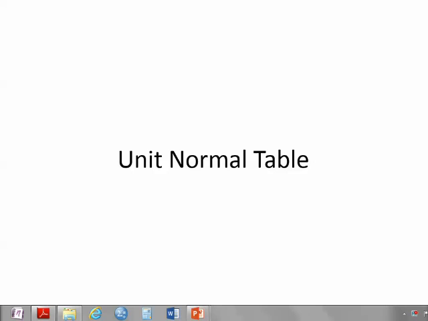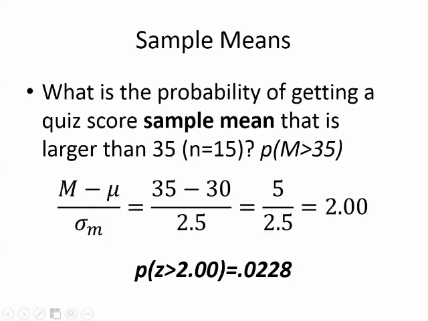So now that we've looked at that unit normal table, we've come to this conclusion: the probability of getting a z-score that is greater than 2, or a mean greater than 35, is 0.0228. That's the probability.